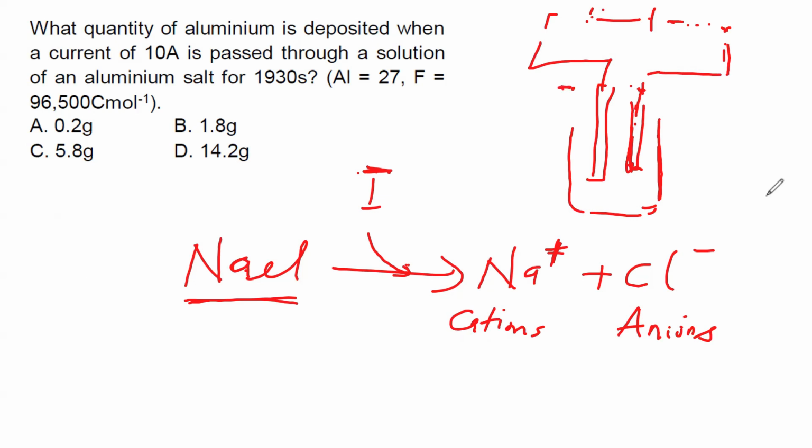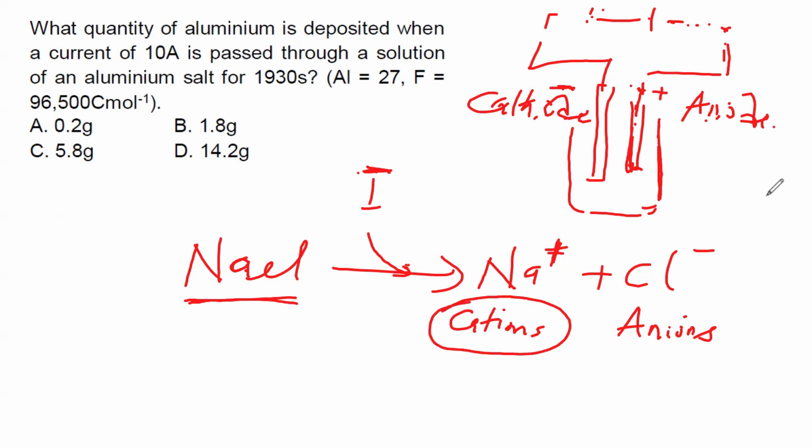So which one is the cathode and which one is the anode? Cathodes are the negative electrode, and anodes are the positive electrode. Cations are called cations because they move toward the cathode during electrolysis, and anions are called anions because they migrate toward the anode during electrolysis.